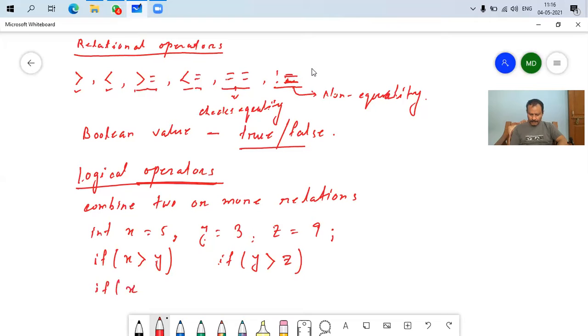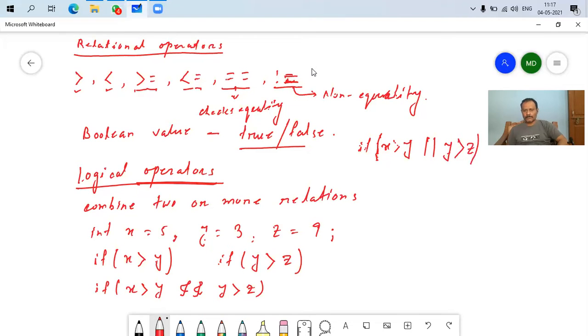The logical operators may be in the form of and, or it can be even in the form of or. So this way we combine two or more relationships through logical operators.